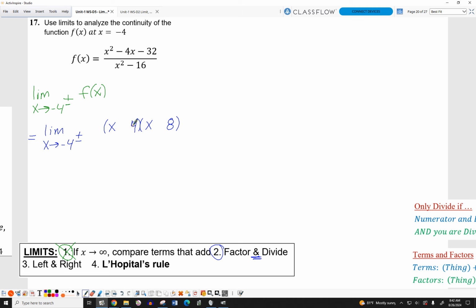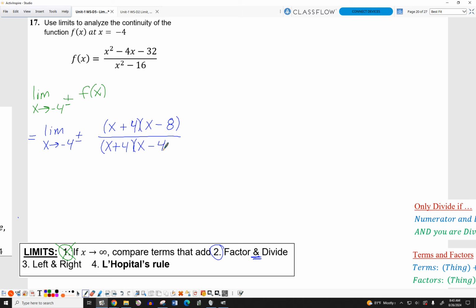Pause for questions so far. I'll put in the plus and minus here in a minute. And let's see, the negative 4x means the 8's got to be negative and the 4 is positive. And then the bottom will factor as well, like so.